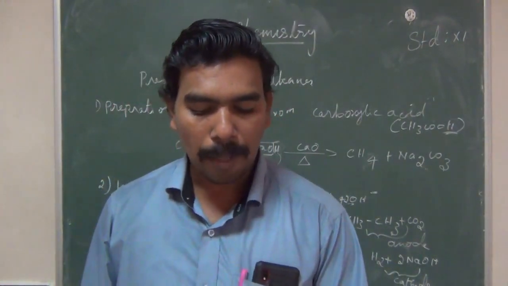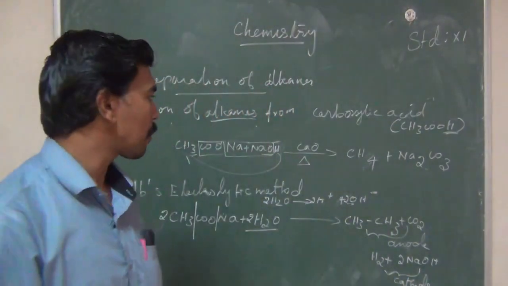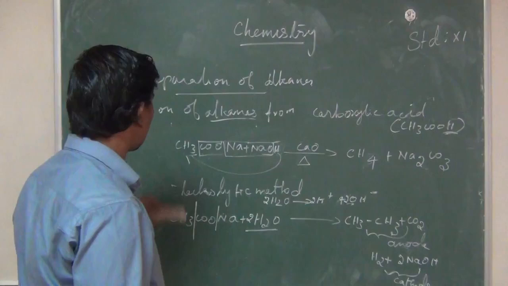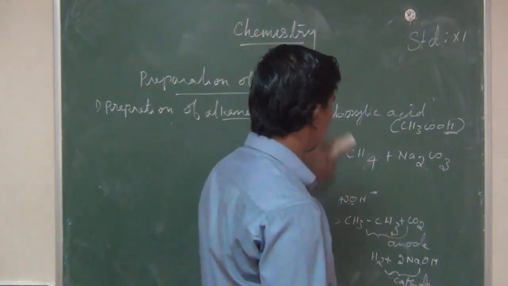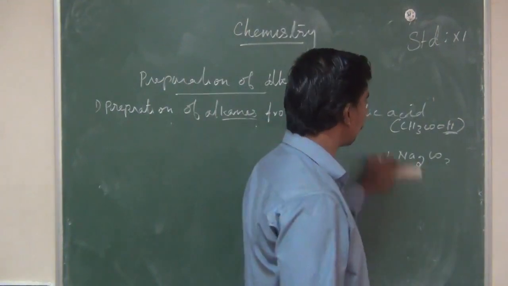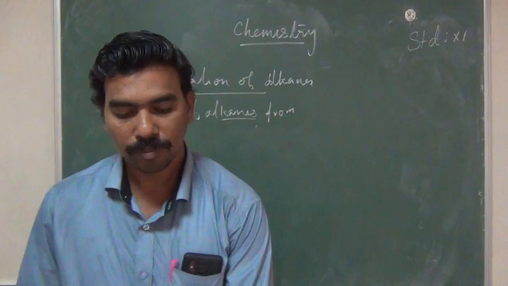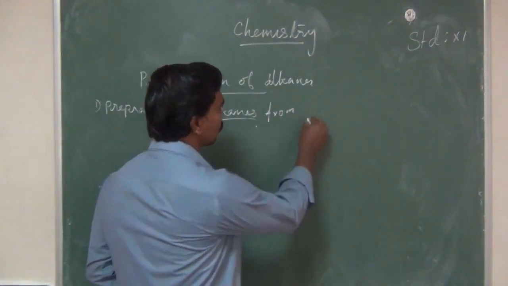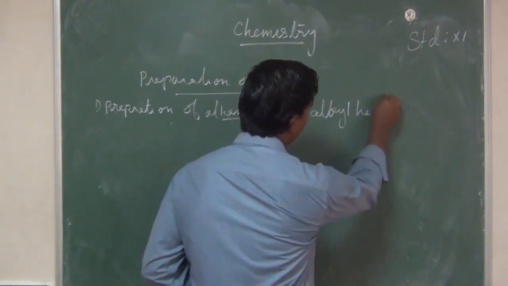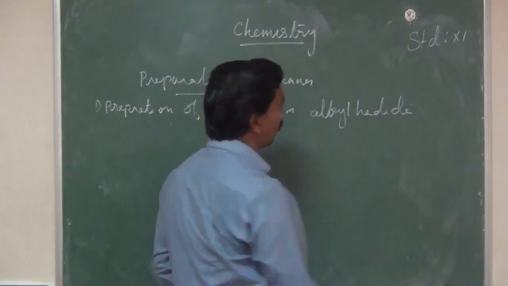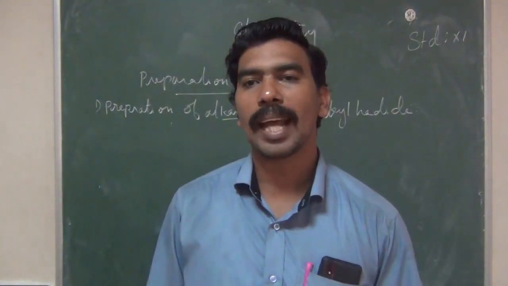The next one is the preparation of alkane using alkyl halides. Alkyl halide means the alkyl group combined with the halogen groups.